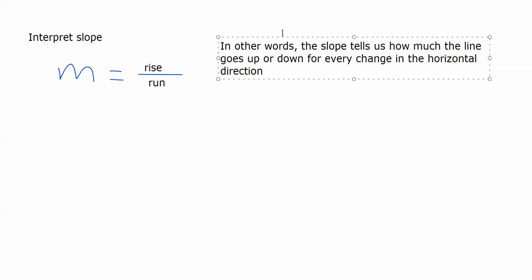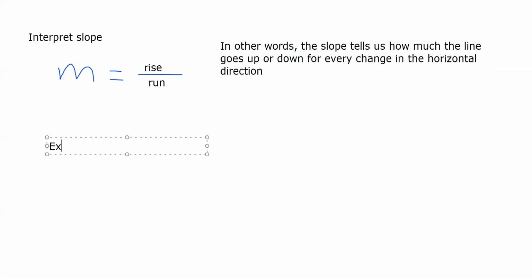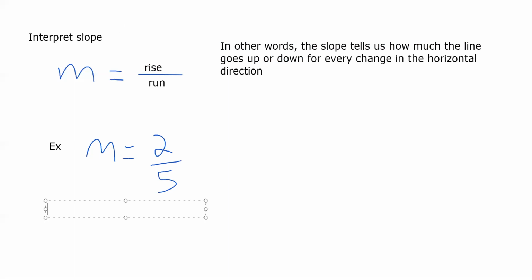So for instance, let's look at a few quick examples. Let's say you had a slope of 2/5. I would interpret that as, well, first of all, it's a positive slope.